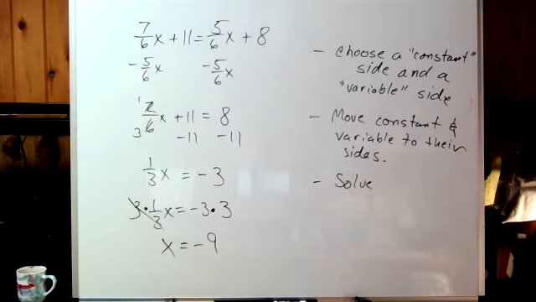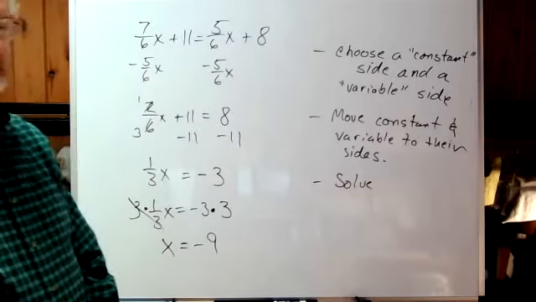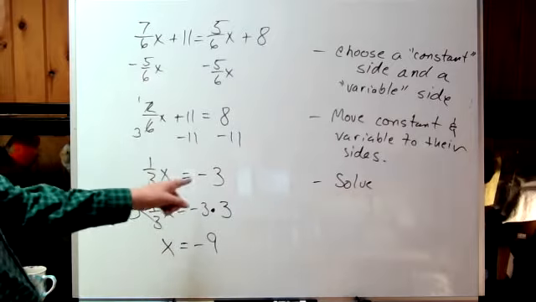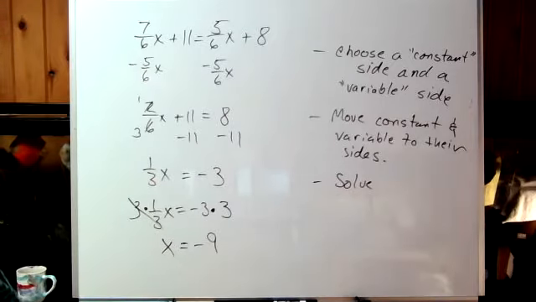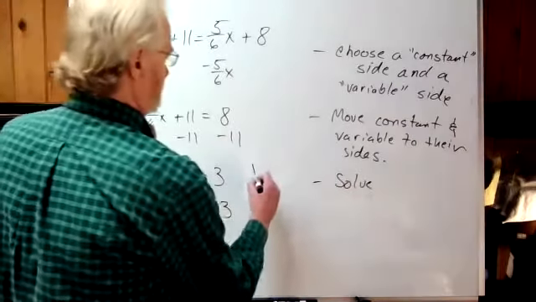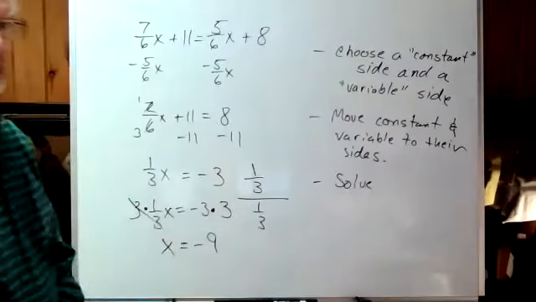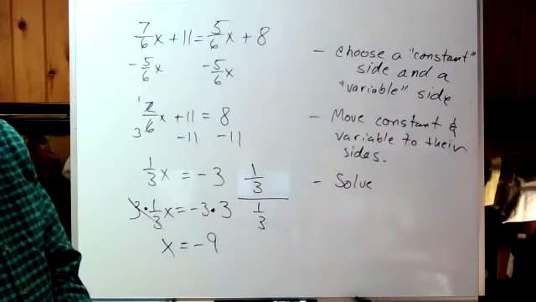So I'm confused by this a little bit. How I see it is back up at the 1/3 x equals -3. Wouldn't you do 1/3 x divided by 1/3 and then -3 divided by 1/3? How do we divide by a fraction? By the reciprocal.